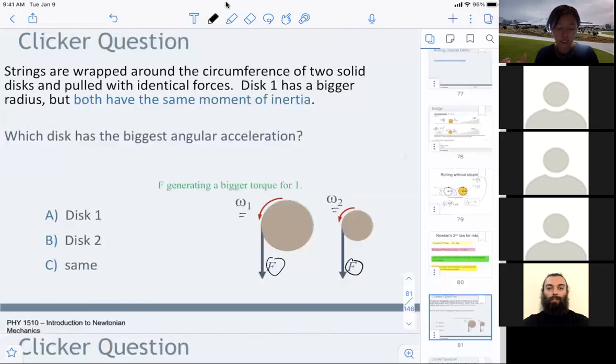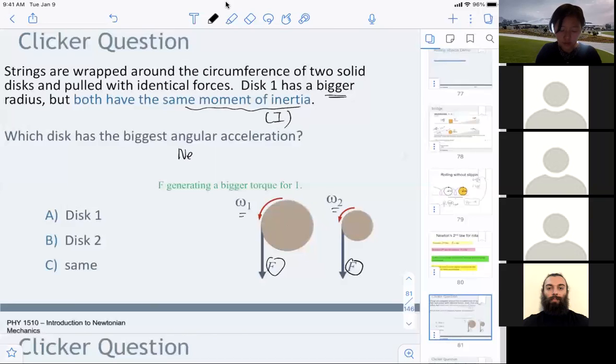The two disks have different shapes. Disk 1 is larger, with a much bigger radius than the other, but they have the same moment of inertia. So they must be made of different material. The one that's larger must be made of lighter material so that overall they still give you the same I. Now the question is, which disk will have the biggest angular acceleration?